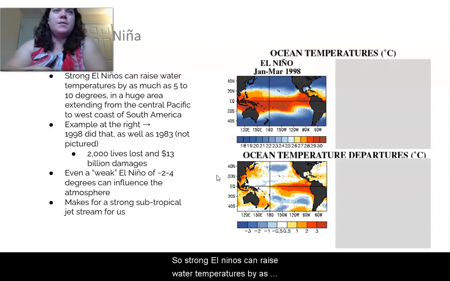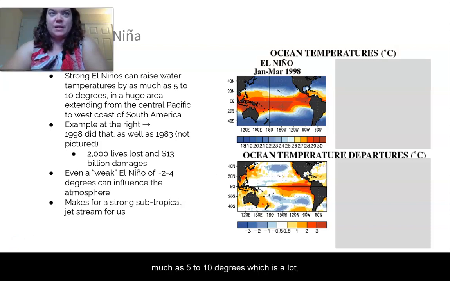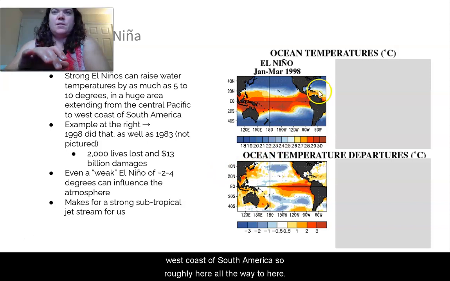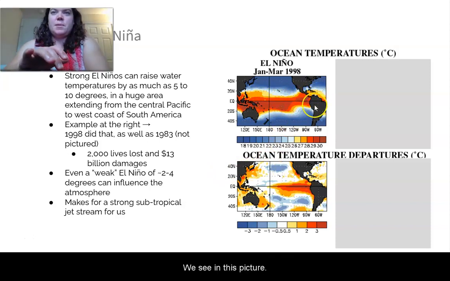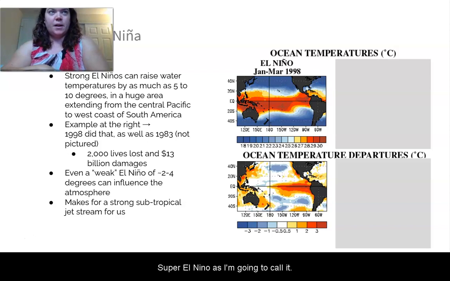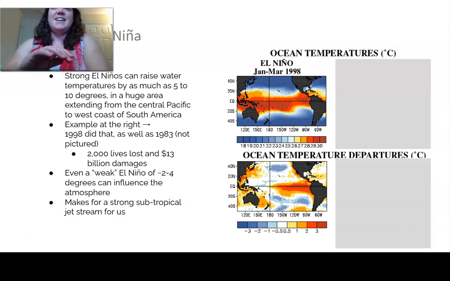So strong El Niños can raise water temperatures by as much as 5 to 10 degrees, which is a lot, in a huge area, extending from the Central Pacific to the west coast of South America, so roughly here all the way to here. We see in this graph of ocean temperatures the 1998 Super El Nino, as I'm going to call it.